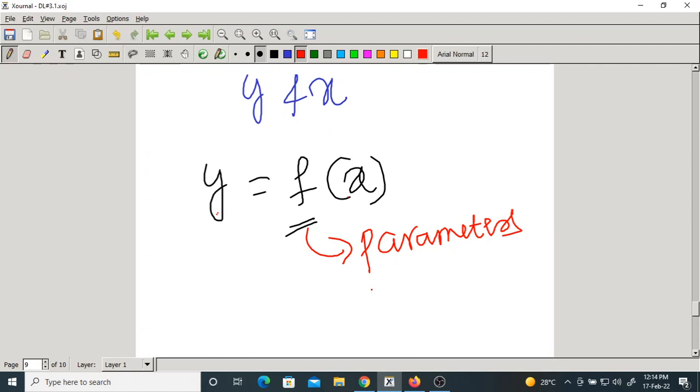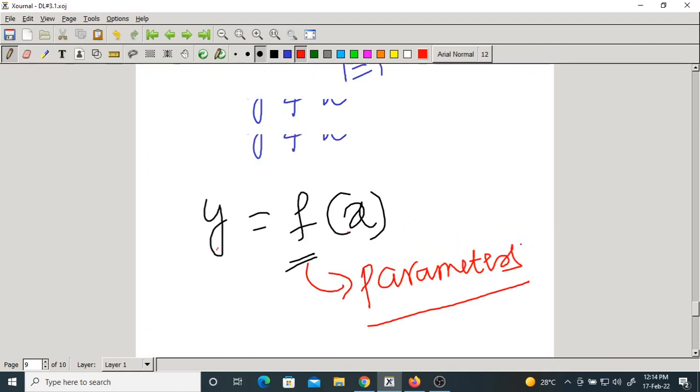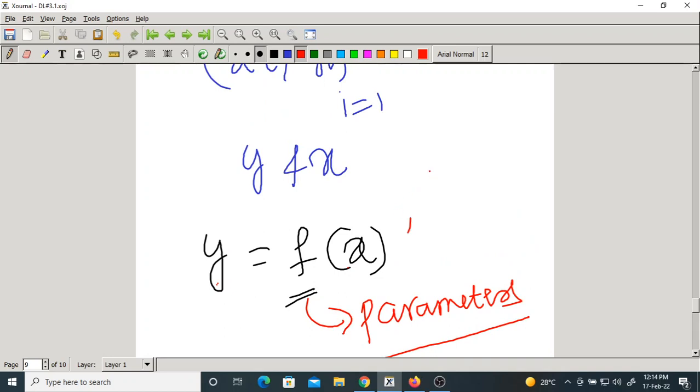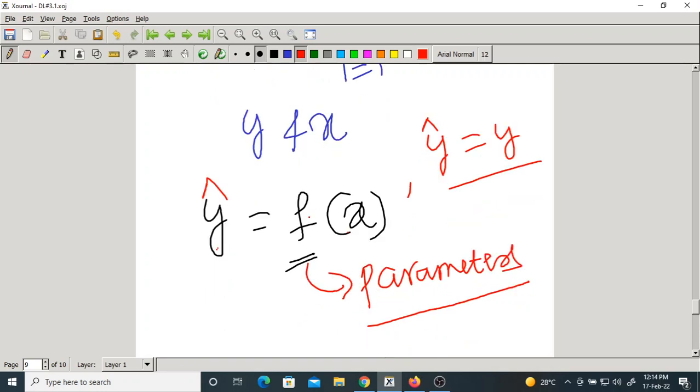We have to learn these parameters. So y cap is the same as y. Our aim is to learn the parameters of this function so that it approximates properly and the predicted value is the same as the true value.